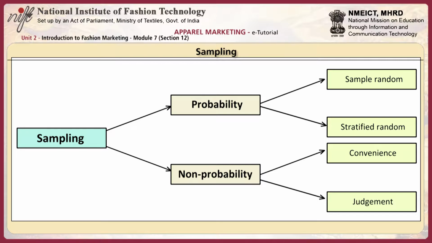Now there will be strata, say within the consumers whom we want to survey. In simple random, we will take a lottery and whoever's name comes, they will be interviewed. So there is every chance of everybody and anybody coming there.